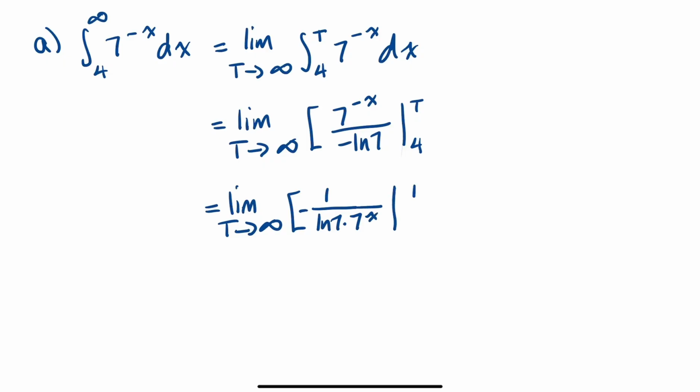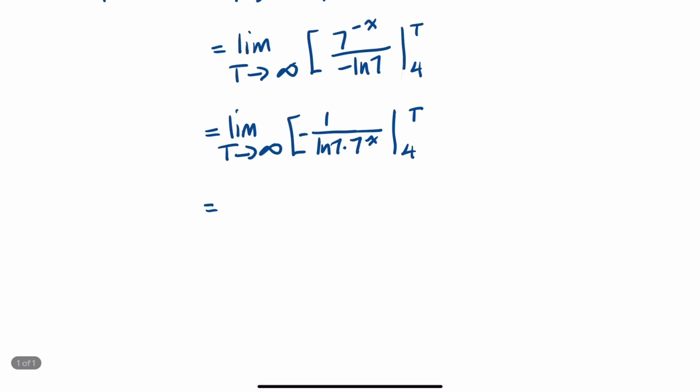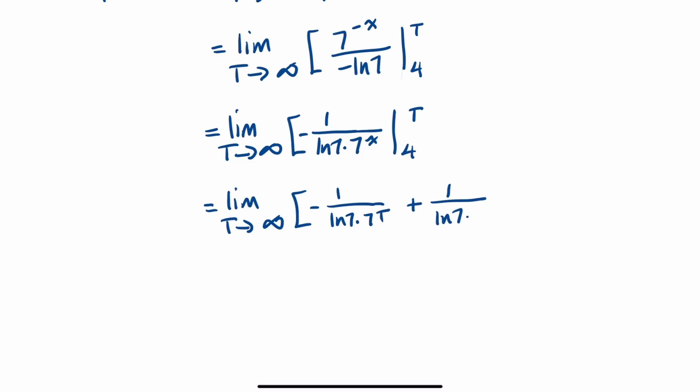And this will be evaluated when x is equal to t and 4. And so we can now say that this is equal to the limit as t approaches infinity of negative 1 over ln 7 multiplied by 7 to the power of t minus, so I'm just going to change it to a positive 1 over ln 7 multiplied by 7 to the power of 4.